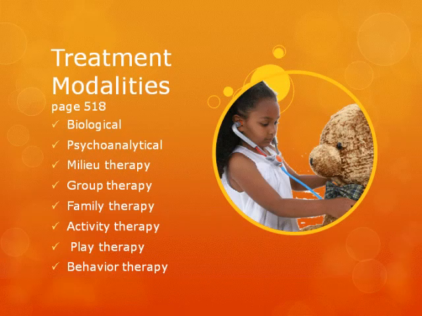Okay, some of the treatment modalities, if we flip over to page 518. These are all, I think, early on in the course we looked at each of these. Some of them have their own chapter in Townsend.